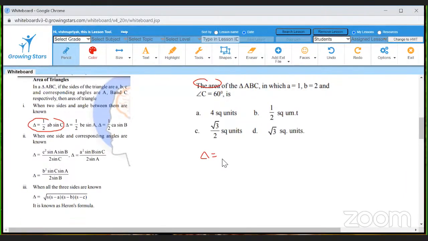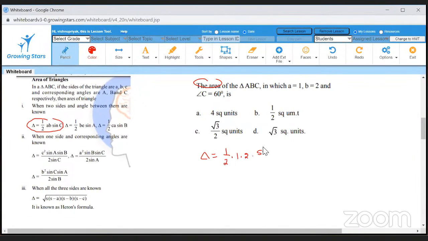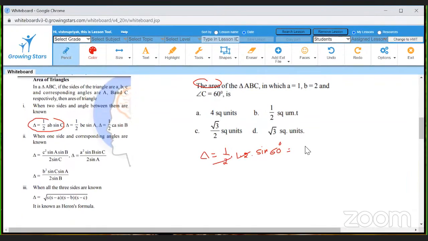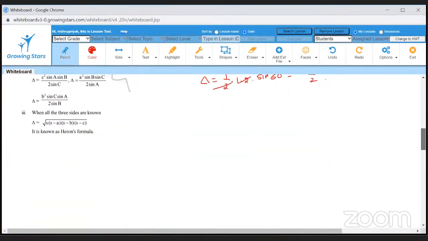Delta equal to half, a is 1, b is 2, sine C is 60 degrees. So 2 and 2 will cancel. Sine 60 degrees is root 3 by 2. So the answer is C. Yes, Rakshita, you are right.